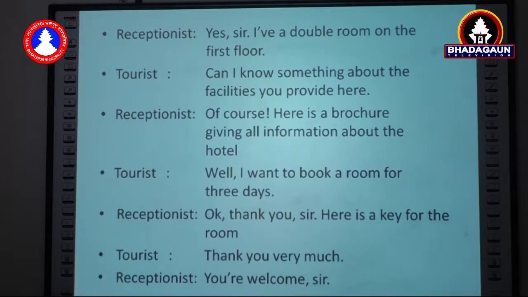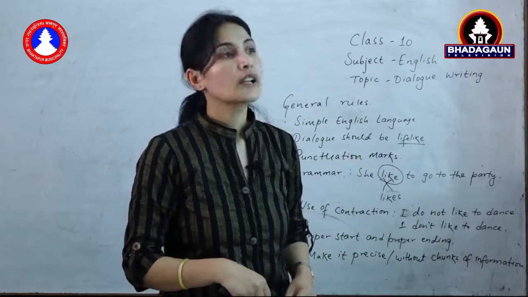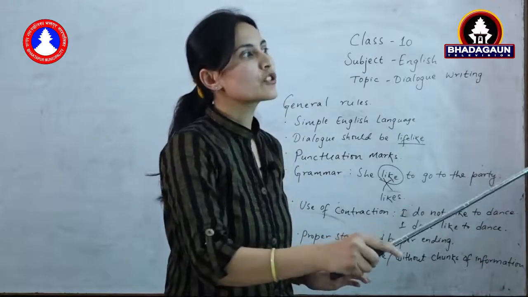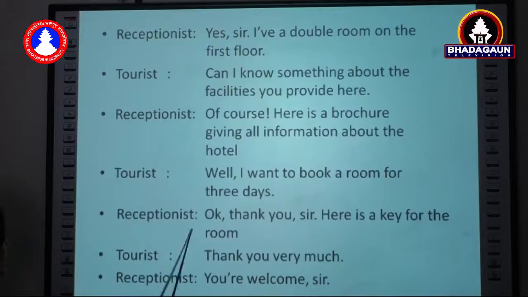So these are the exchanges I was talking about. This dialogue has 6 exchanges. You can go more than that, but don't finish your dialogue with 5 exchanges or 4 exchanges. At least have 6 exchanges as the example has.